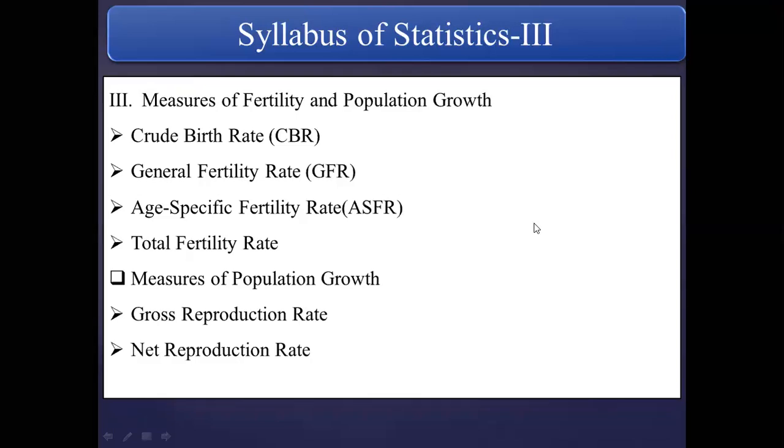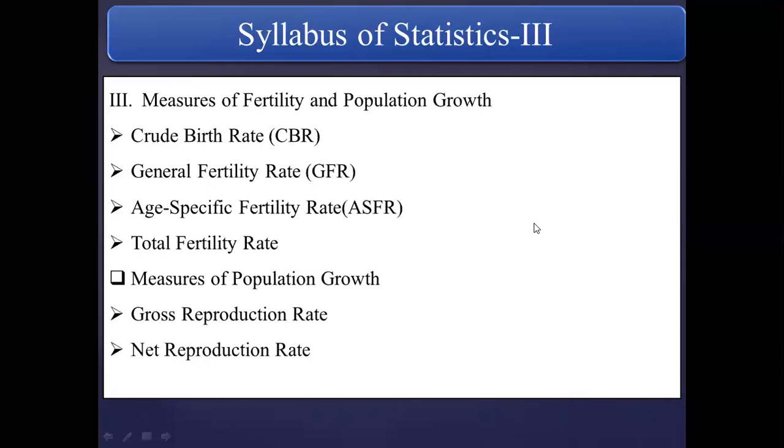So when we are talking about fertility, we always talk about birth, not death. So we will discuss crude birth rate. What is the meaning? Again, it is the same as crude death rate, but here instead of death, we will write birth. So it is very simple: total number of births per thousand population.